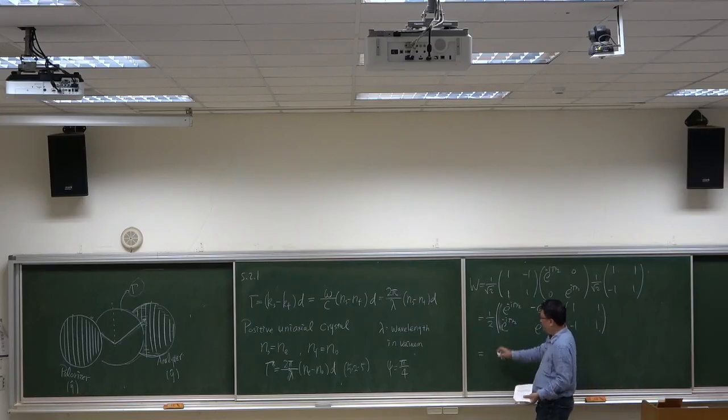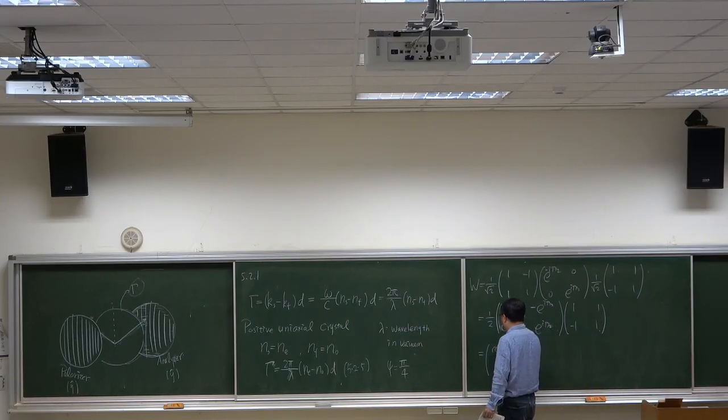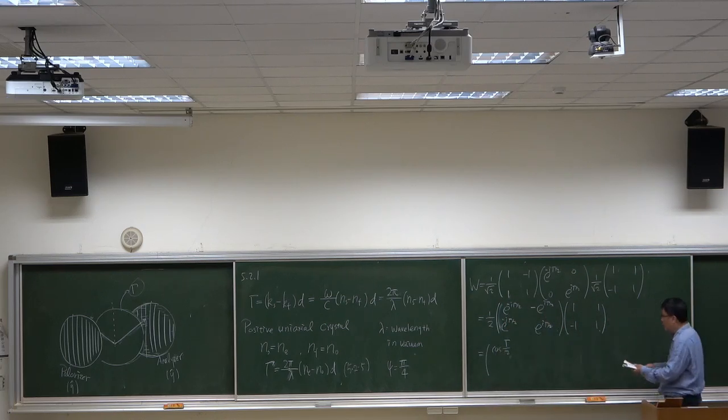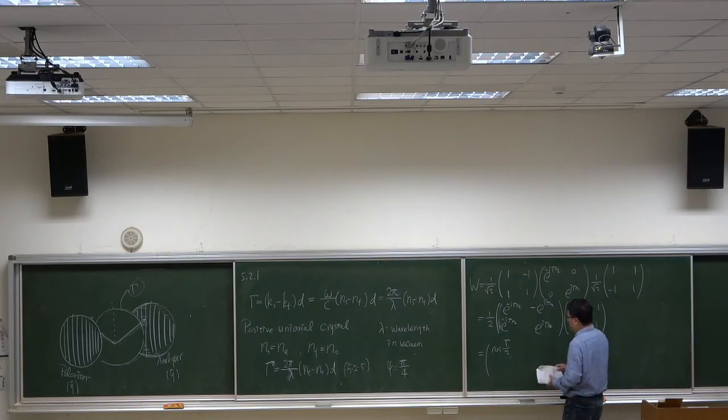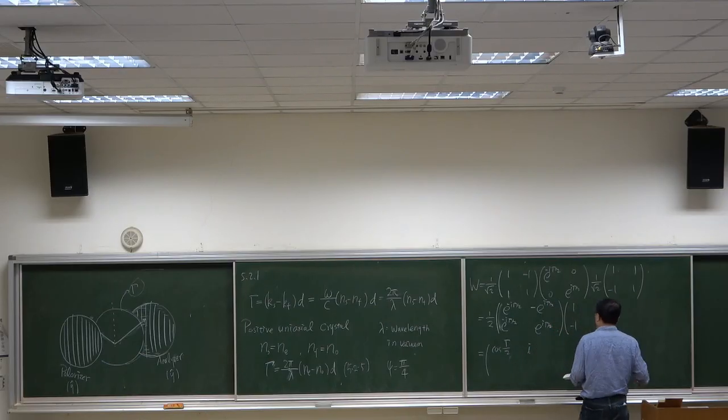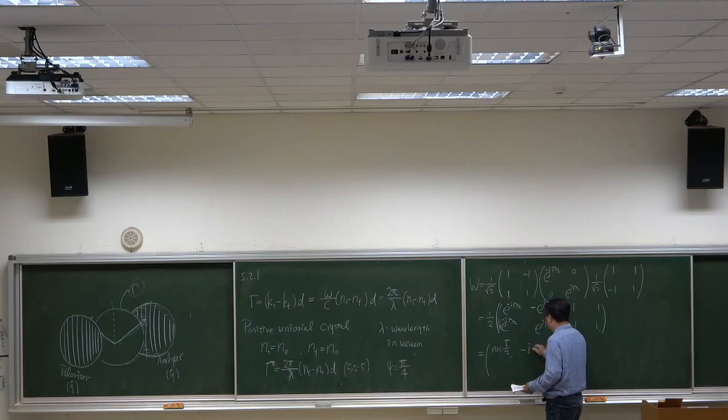Plus sign 1/2 is just equal to cosine. Okay, and minus sign times 1/2, this is minus I sine half gamma.